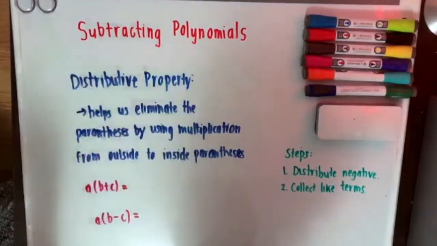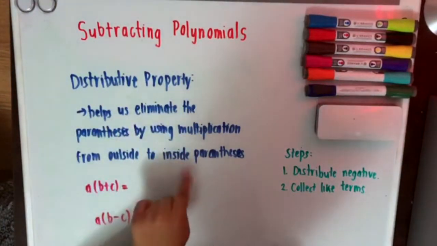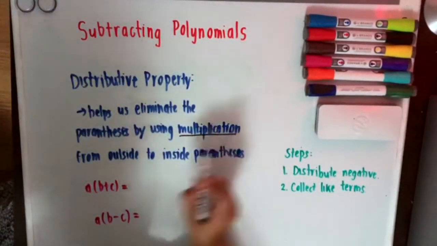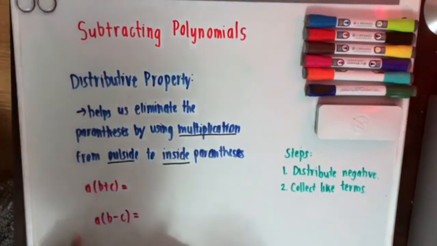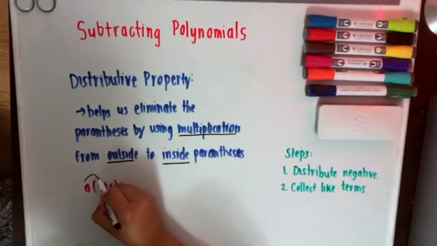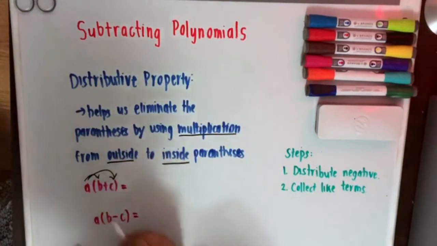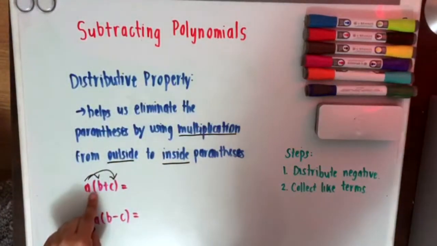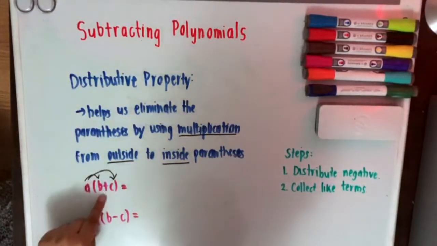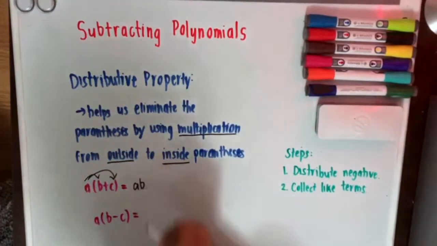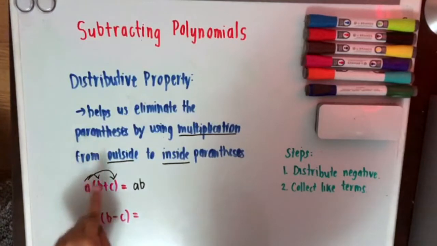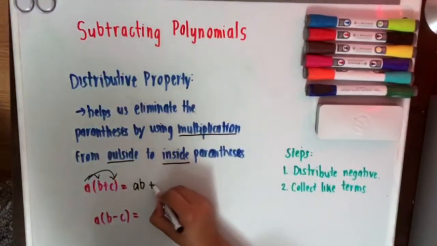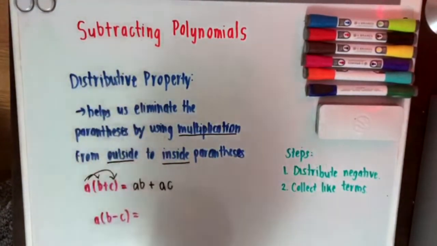We're using multiplication from outside to inside. We're essentially just multiplying A, the outside, with the inside. So what's A times B? AB. A times C, plus AC.